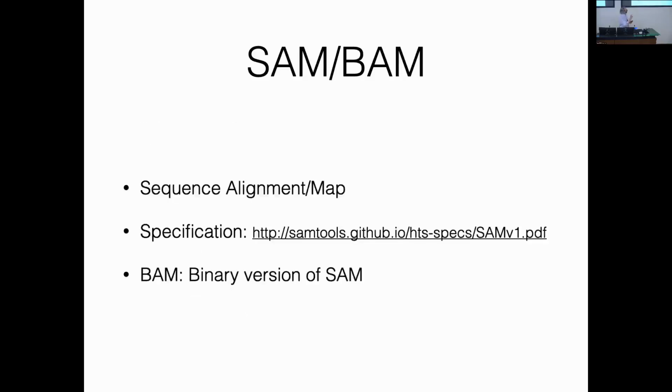A BAM file is just a SAM file that's converted to binary, and there are a few advantages to that. One is that BAM files tend to be a lot smaller than SAM files, and two is that it's much faster for computers to process a BAM file. There's some software that will generate SAM files directly, and other software that can convert between SAM and BAM files.